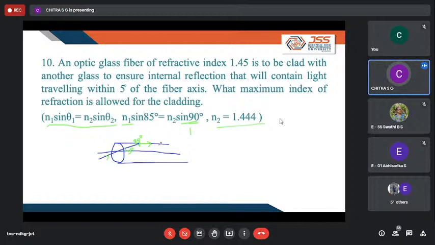The ray suffers total internal reflection for n2 less than 1.44. So if it is equal to 1.44, then the refracted ray grazes along the boundary interface. So always n2 should be less than 1.44. Then you can expect total internal reflection.